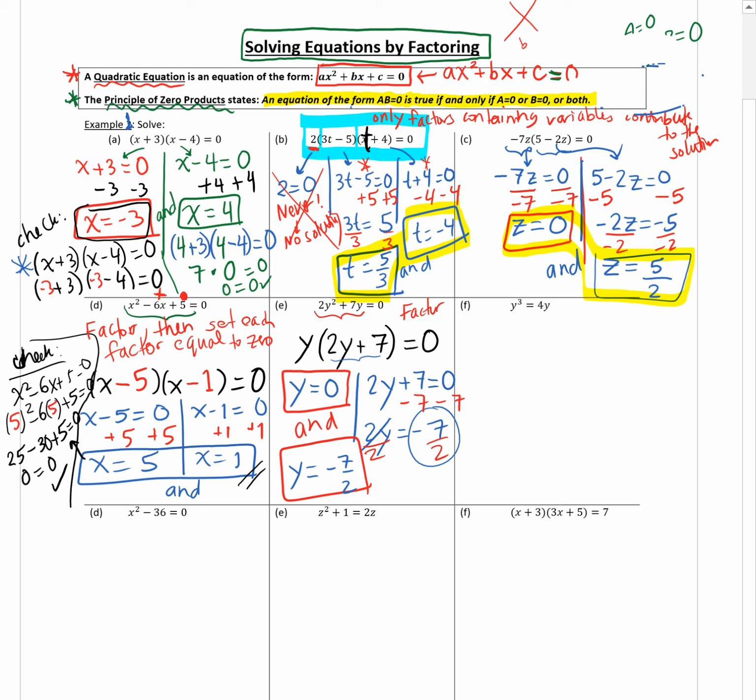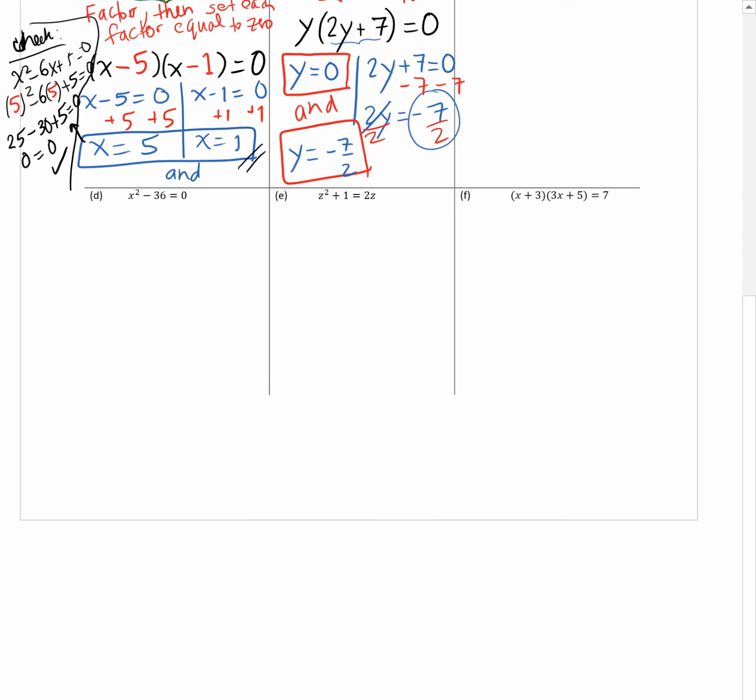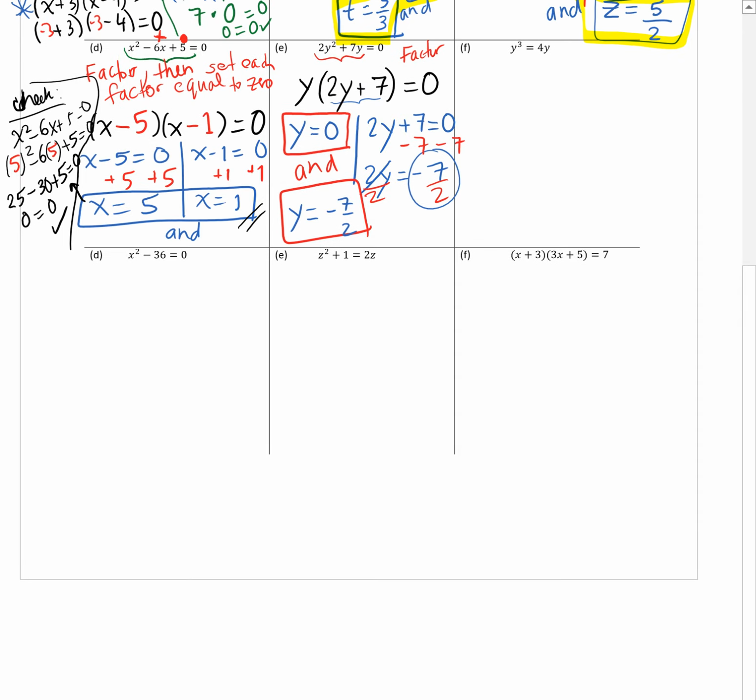But notice the equation you're starting with is something times something equals 0. So you can only use this zero product property if you have something times something equals 0. But in part F, if you notice, we start with something that you don't have a 0 on the right side. So really, this one, there's kind of an extra step as well. You have to move all terms to the left side.